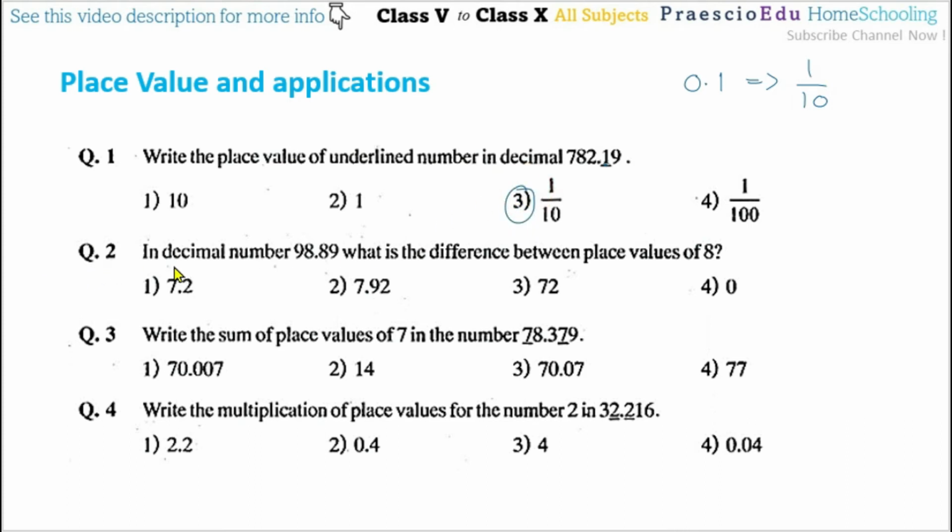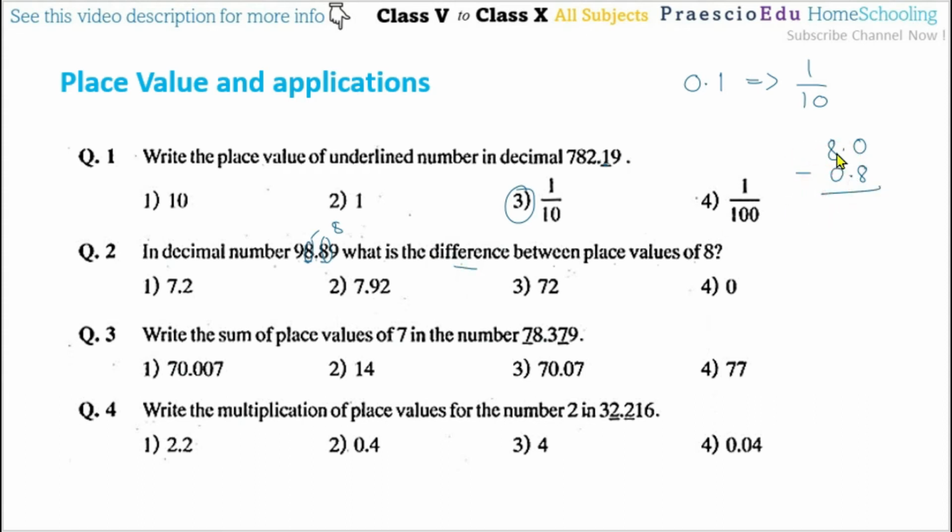Now question number 2, in decimal number 98.89, what is the difference between place value of 8? Now here 8, here also and here also. So here actually only the integer means 8. We can write 8.0 for this one, and for this one 0.8. So here 0.8, and the question is asking for the difference. So subtraction is there.